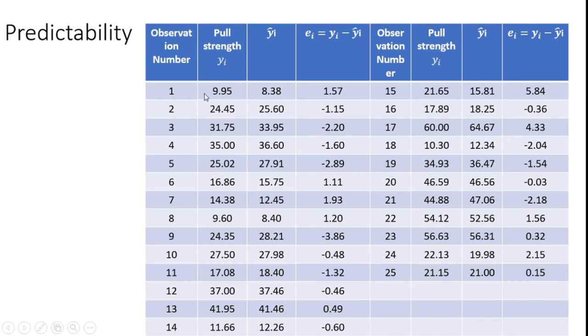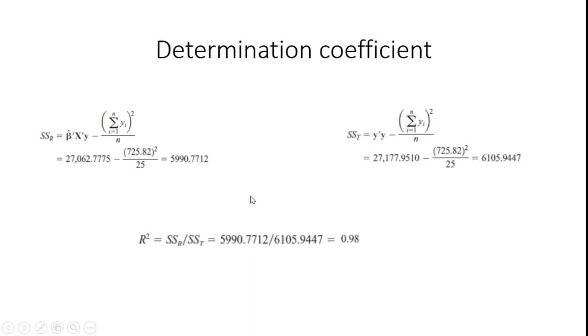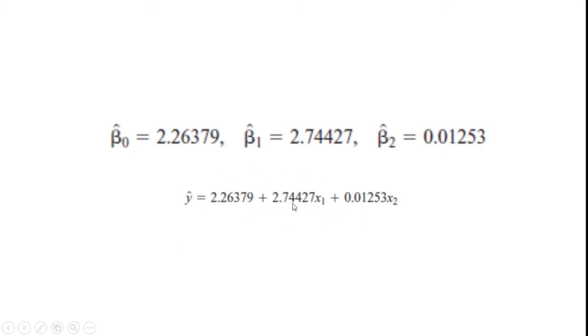First I find 9.95 from the experiment as the pull strength, and then I substitute the x1 and x2 values into the predicted equation, which is 2.26379 plus 2.74427 into x1 plus 0.01253 into x2.